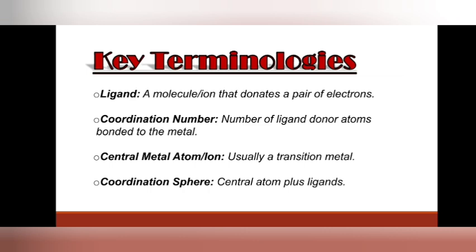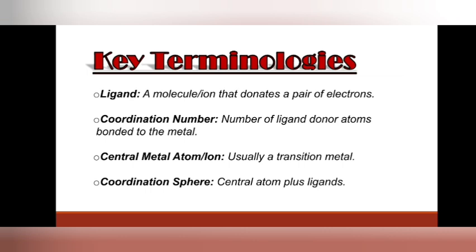So the condition for a molecule to be a ligand is that it should donate a pair of electrons. If a molecule does not have the ability to donate a pair of electrons, for example hydrogen, which has only one electron, it does not have a pair of electrons.